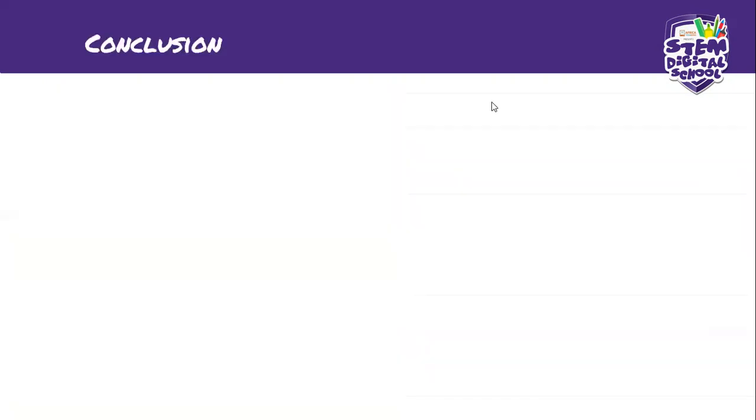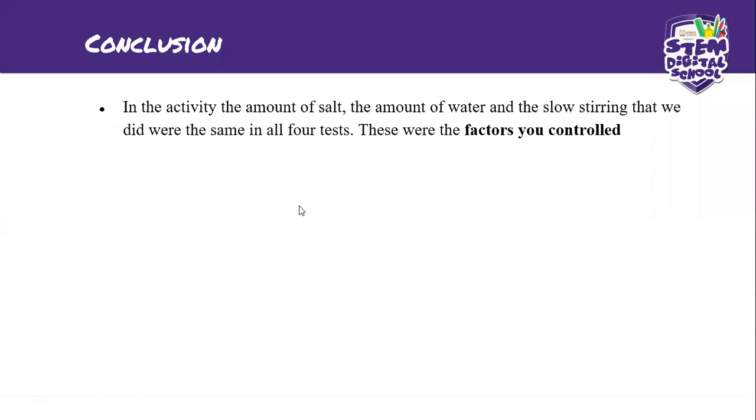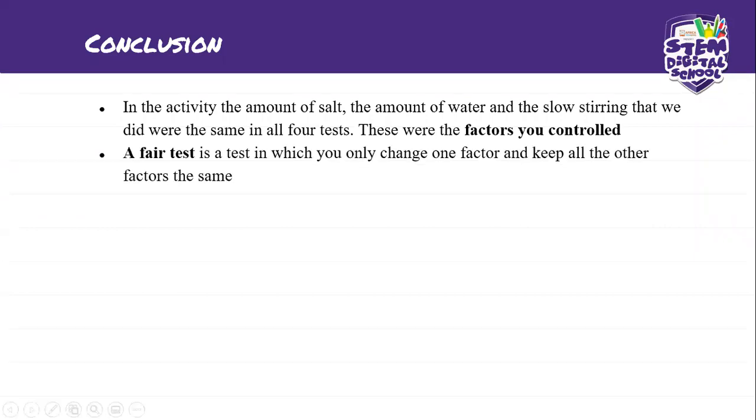So guys, just to conclude the lesson quickly, what we have learned today. In the previous activity that we had just covered, the amount of salt and the amount of water and the slow stirring that we did were the same in all 4 tests. And these are the factors that we controlled, okay? And a fair test, guys, you should know the definition of a fair test, all right?